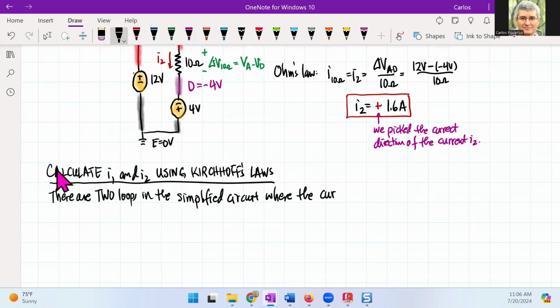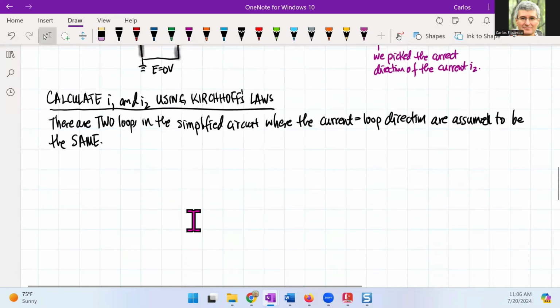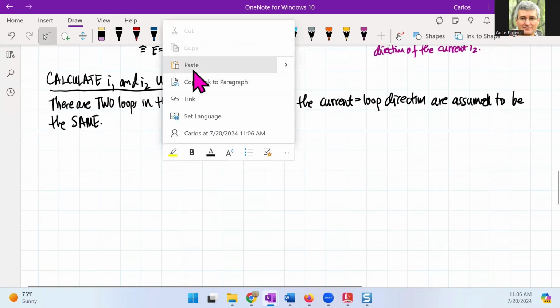The currents, which are also the loop directions, are assumed to be the same. So let's look at this. Remember, I've got to modify this a little bit.